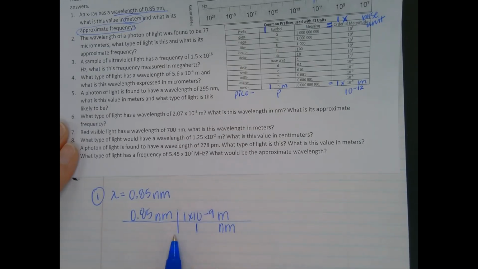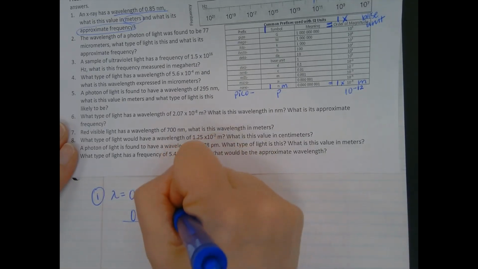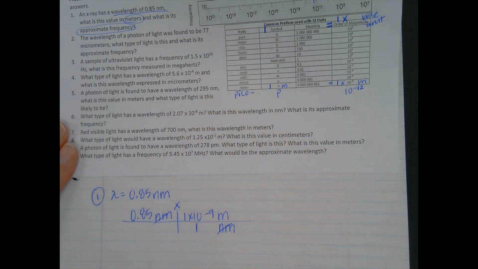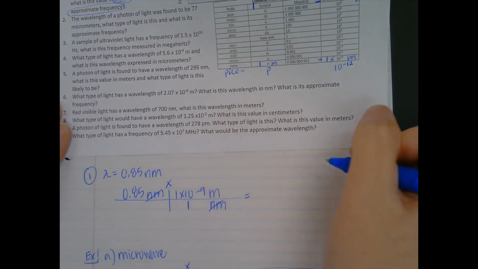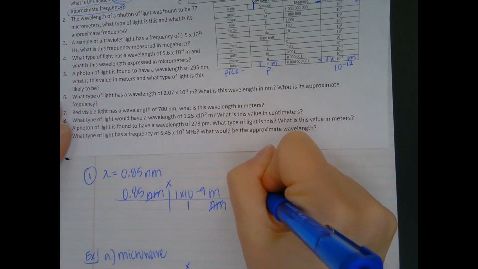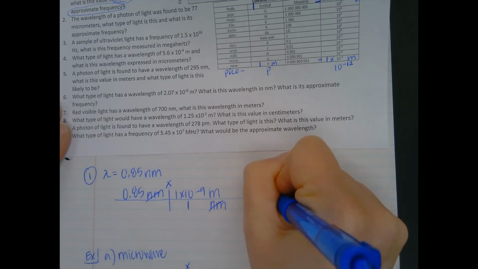This relationship is interchangeable. 1 nanometer equals 1 times 10 to the negative 9th meters, and 1 times 10 to the negative 9th meters equals 1 nanometer. It's the same physical distance. So nanometer and nanometer cancel. And now we're going to multiply. Okay, so if you put this in your calculator, what do you get as the answer? 8.5 what?